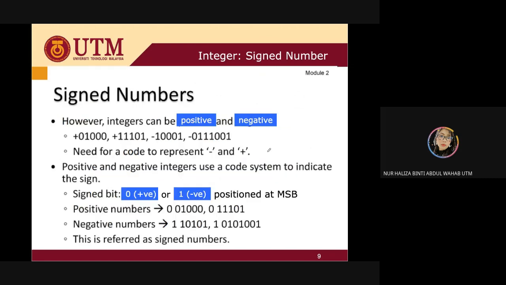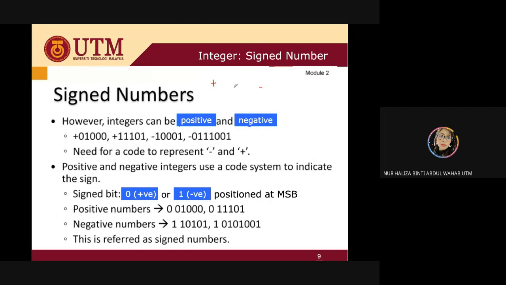So now let's move directly to sign number, then we can fasten a bit. For sign number, of course, we have two signs, which are positive and negative.